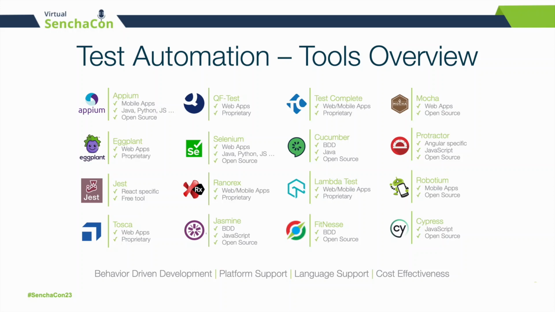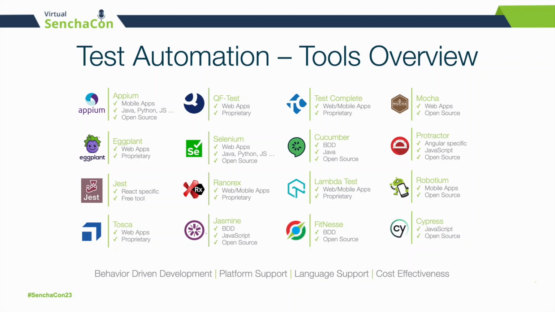For example, we can use Cucumber, JBehave, Fitnesse. And there are a few tools which are open source and can be cost effective. These tools can be tailored according to our automation development need, like Selenium, Appium, Jasmine.